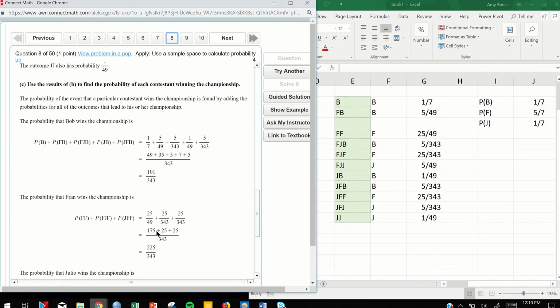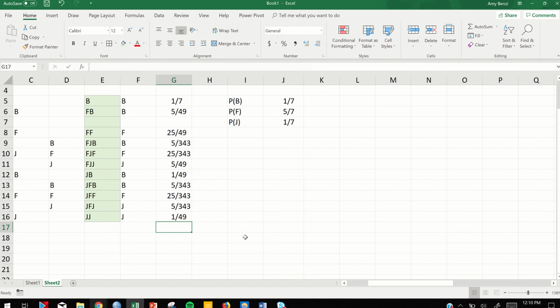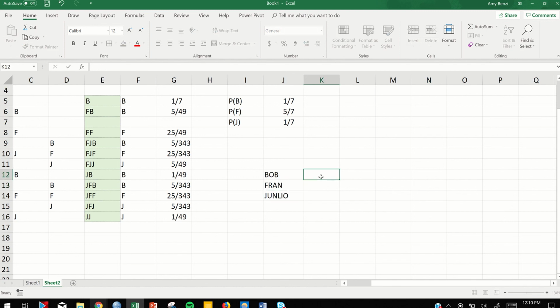So here we are going to see the probability of Bob winning is going to be all of Bob's probabilities added up together. Sorry, this is such a mess, you guys. I'm going to have the probability of Bob winning, Fran winning, and Julio winning. So the probability of Bob winning are all Bob's wins added up together. So Bob's wins are, I can just select these Bob, Bob.